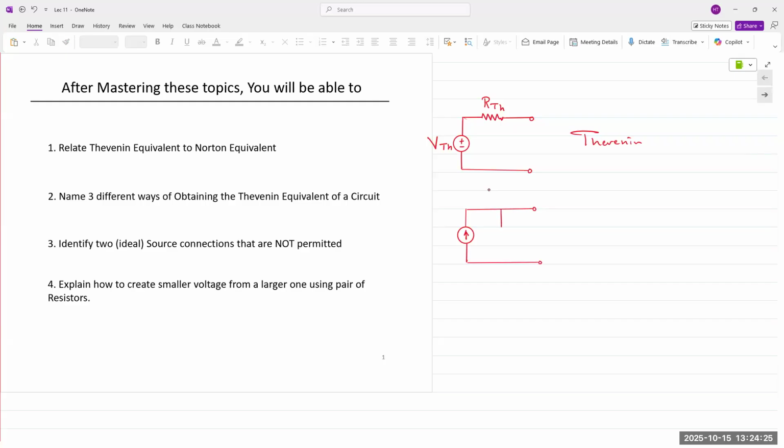This resistance also does not change. It is still the Thevenin resistance. This current is noted as IN. The Thevenin theorem and Norton's theorem are the two most important ones. Then let's look at how and why we would do this.